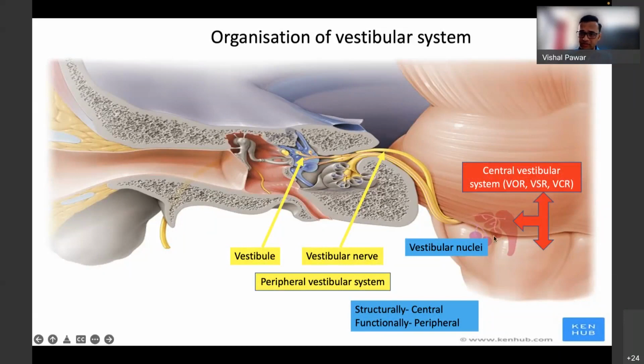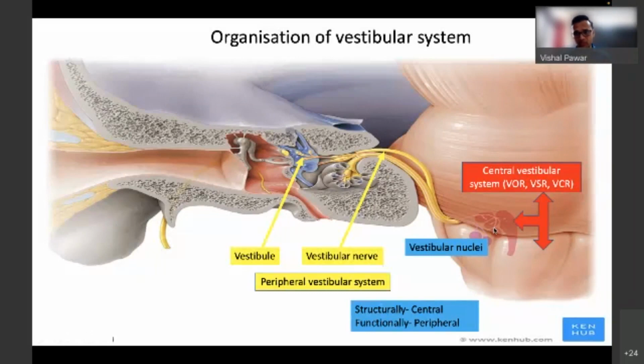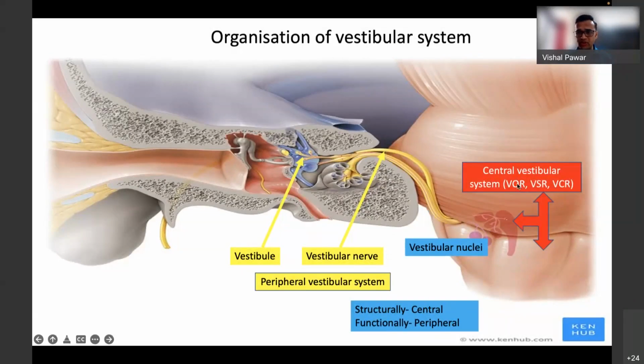And when the input gets altered, there are changes in the input in the vestibular nuclei, or when they travel from the vestibular nucleus to the ocular motor nuclei through the vestibulo-ocular reflex. It goes to the spinal cord by vestibulospinal tracts, and there is another reflex, the vestibulocollic reflex, and the vestibulo-autonomic reflex.